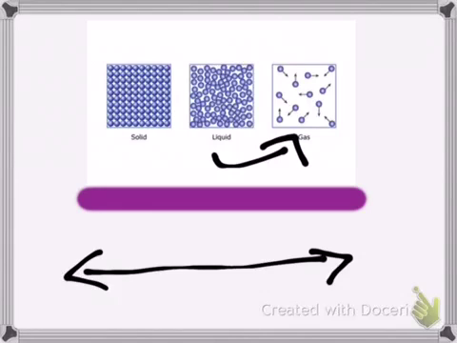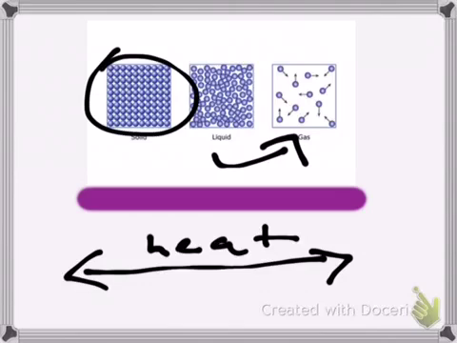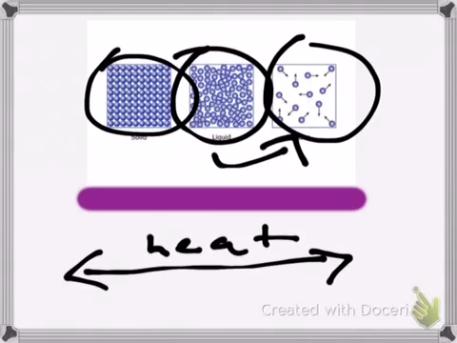And when we add heat, sorry for the terrible handwriting, that's just how I am. But when we add heat, the vibration gets bigger and bigger. See over here, there's very little vibration. Then once we add heat, once it melts, more vibration. And then once we add more heat, there's even more vibration, which turns into a gas.